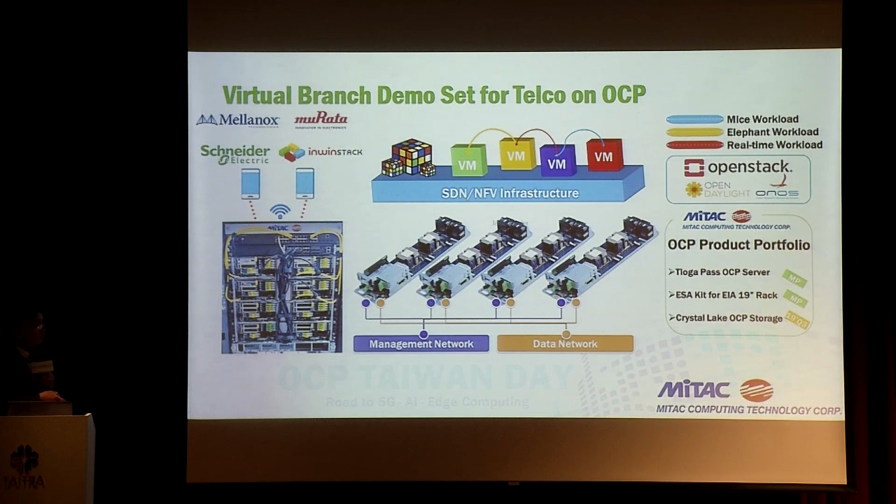We set up the branch office demonstration for voice over IP. We got some successful demonstration feedback from our customers. So it tells us that the OCP solution is really suitable for the new generation of telco.